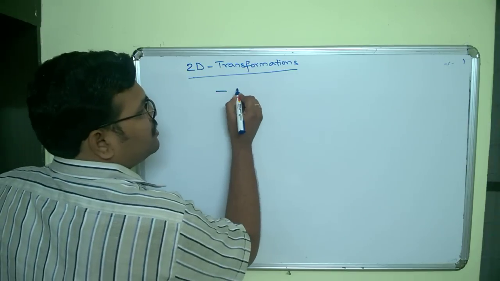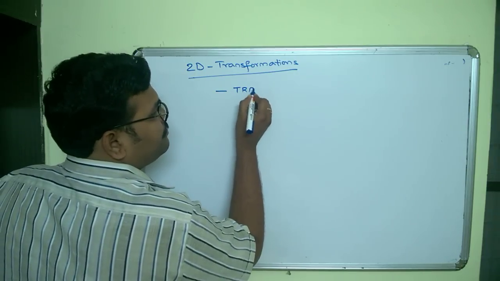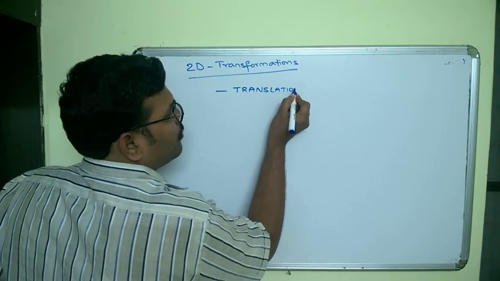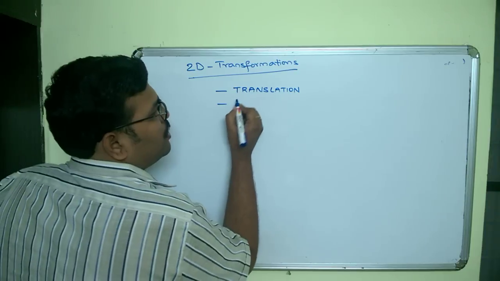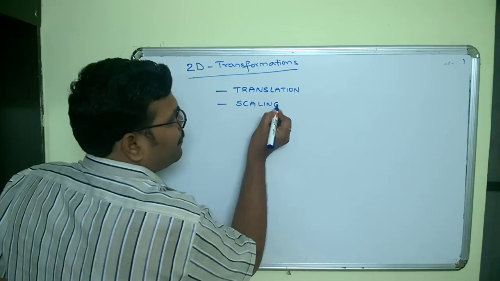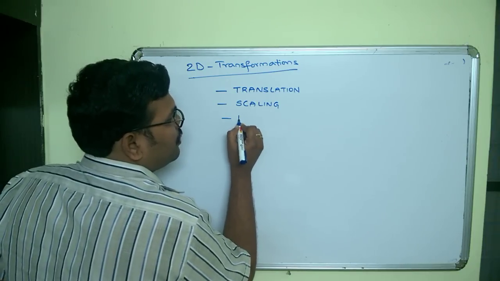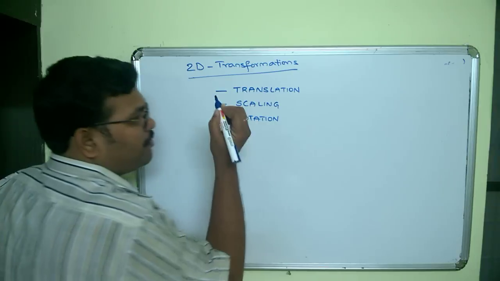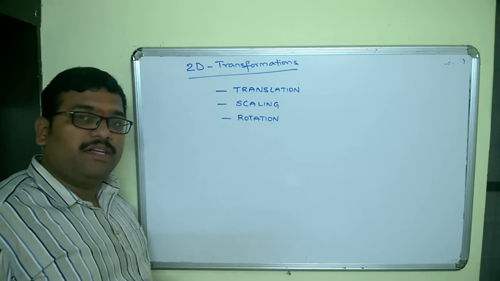The first one is translation. Second one, scaling. Third one, rotation. So these are the three basic transformations.